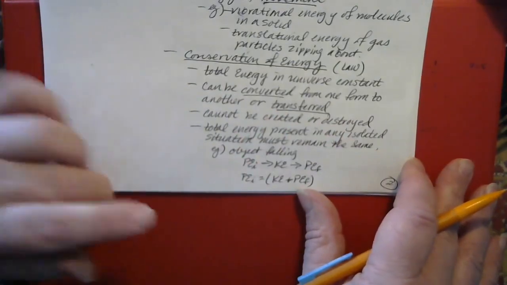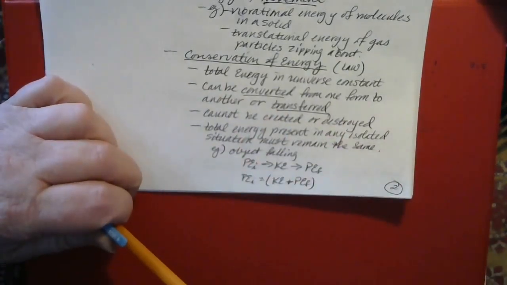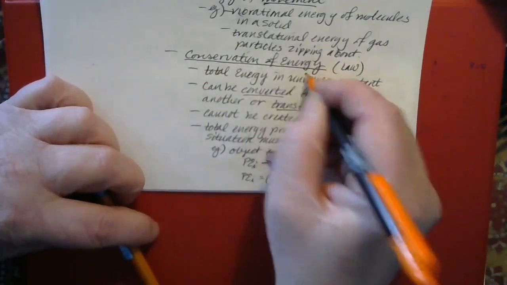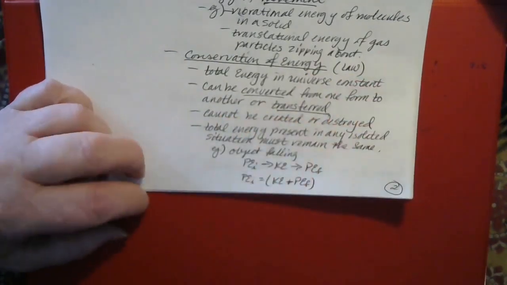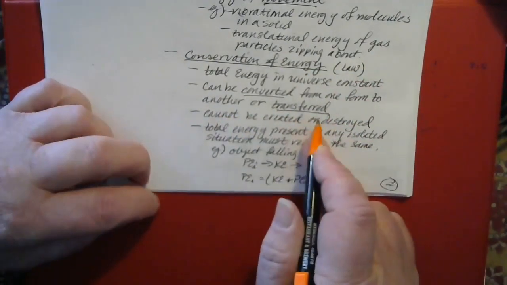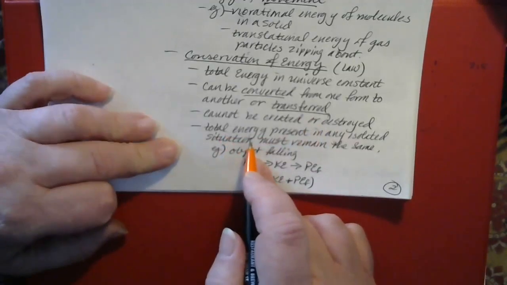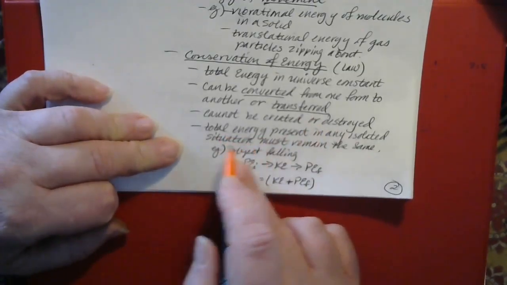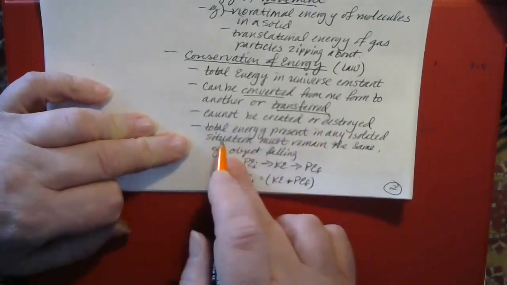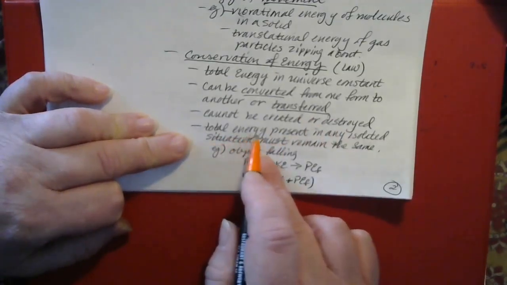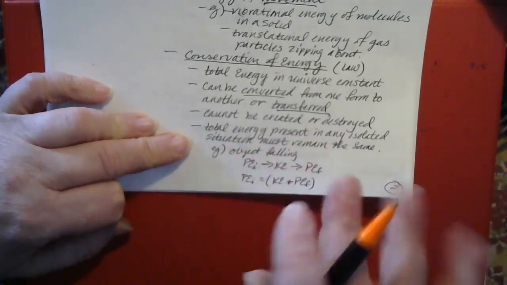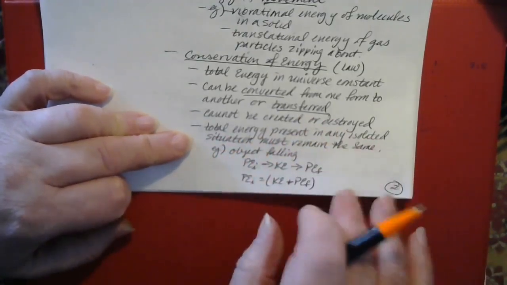So it doesn't increase or decrease over time, but it can be converted from one form to another, or it can be transferred from one place to another, but it cannot be created or destroyed. So the total energy present in any isolated situation has to remain the same.